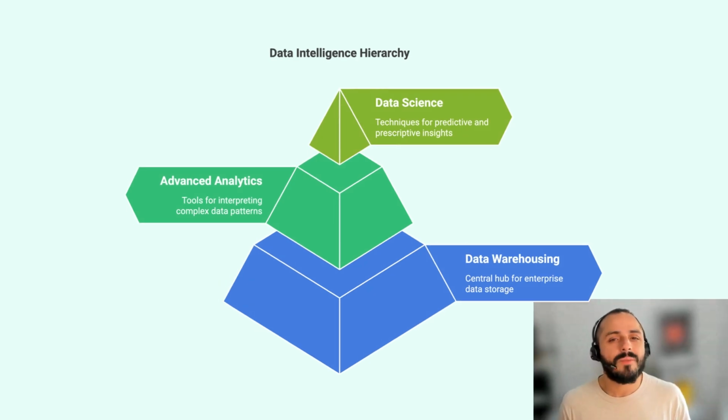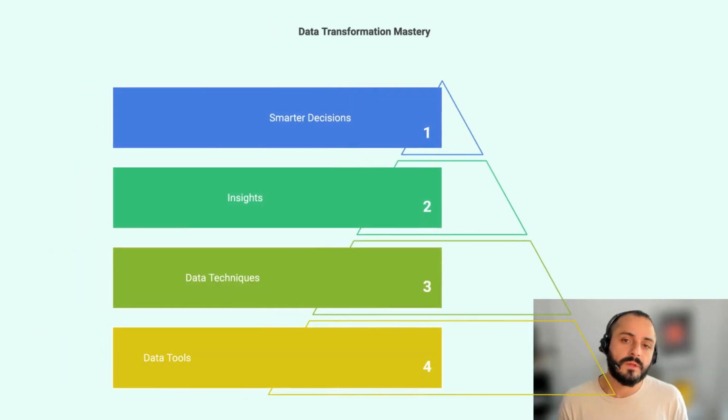Data warehousing will remain a cornerstone of enterprise intelligence, forming the bedrock upon which advanced analytics and data science are built. By mastering the tools and techniques we've explored today, ranging from Kafka-based streaming pipelines to fine-grained access controls, and from caching strategies to data mesh implementations, you'll be well positioned to harness the full potential of your data.